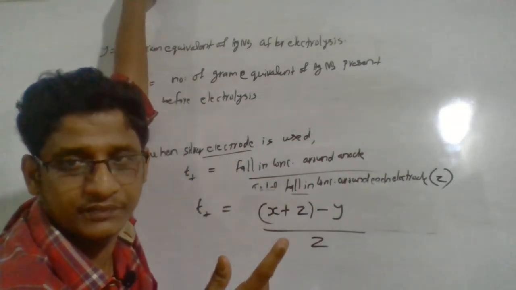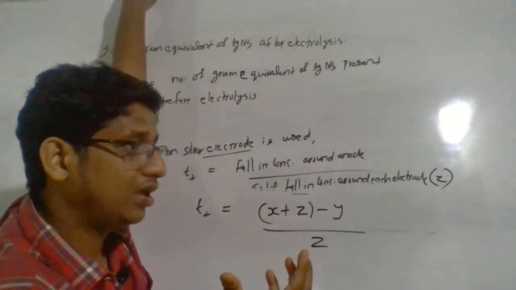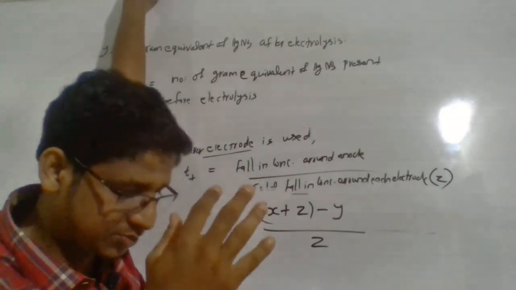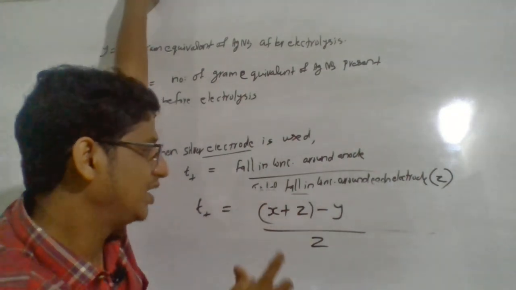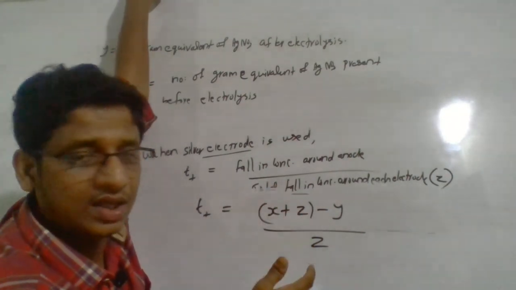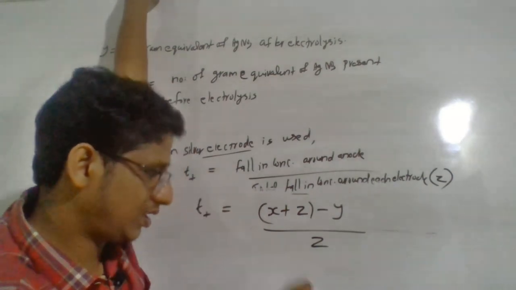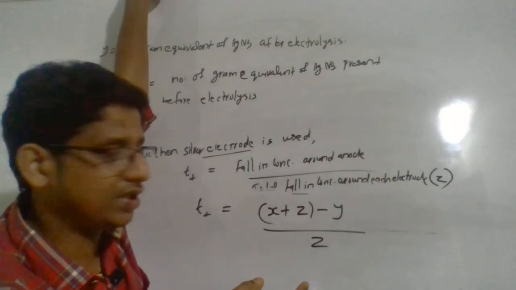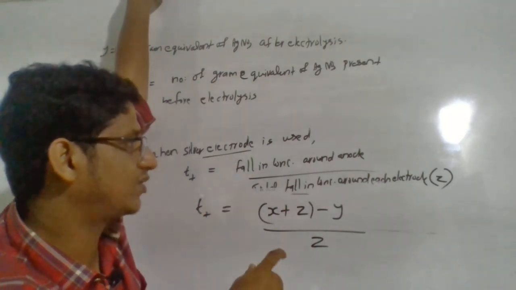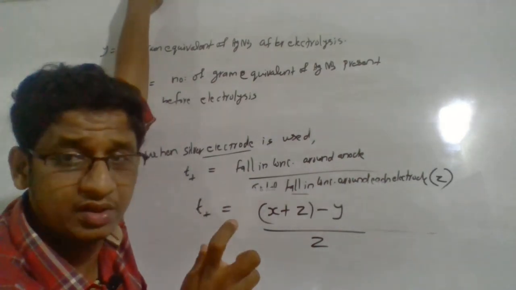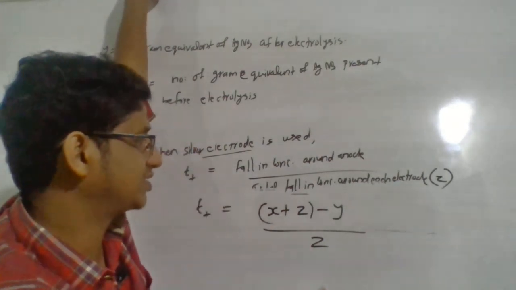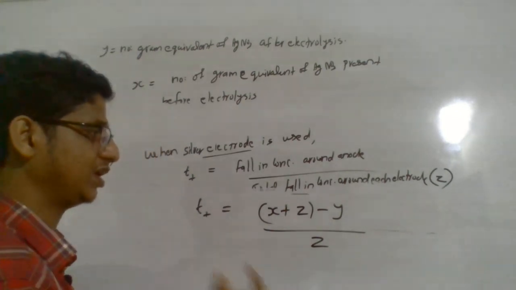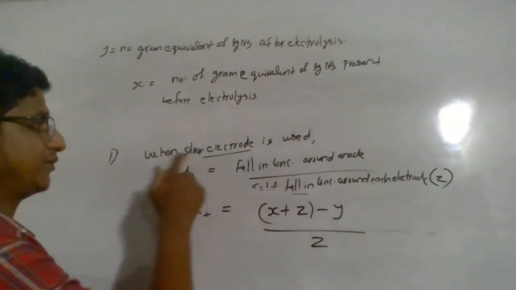You cannot consider the amount of ions produced, because that has to be subtracted, right? So X plus Z minus Y will give you the silver ions that moved to the cathode, and that will give you the falling concentration. Effective, that's the word I would like to use. The effective falling concentration around the anode divided by the total falling concentration will give you the transport number of the cation if a silver electrode is used.